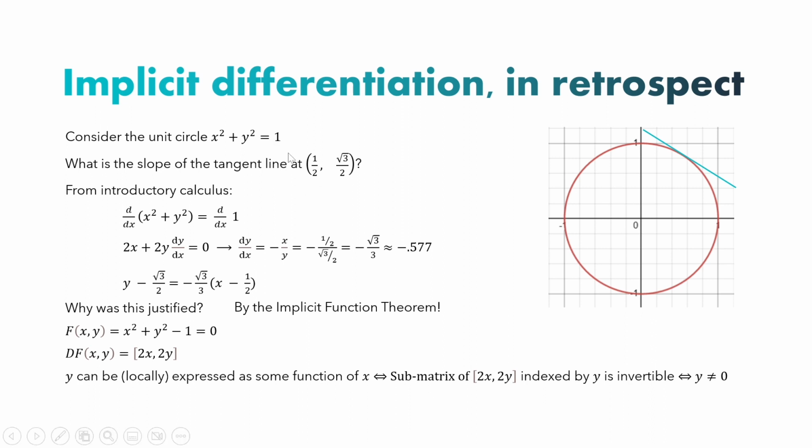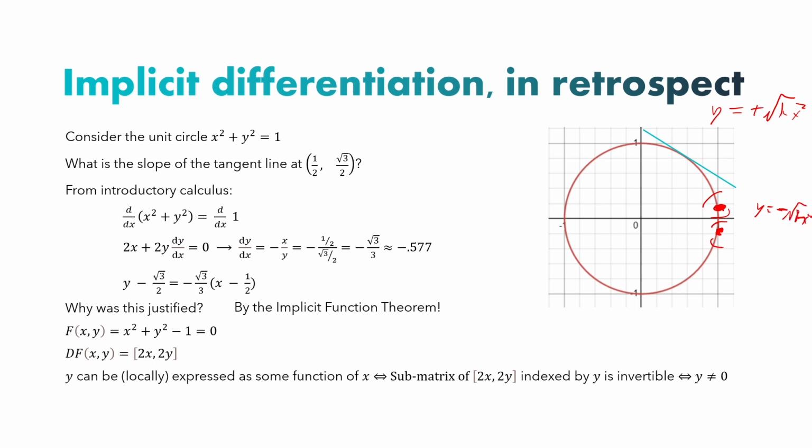Because if you were to consider a point on the unit circle, say over here, well, this sort of point is still going to have some region on which you can express y as a function of x, and in particular, y would be the positive square root of 1 minus x squared. But if we were to come over here, then all of a sudden we would have some local neighborhood on which y would be expressed as the negative square root of 1 minus x squared.